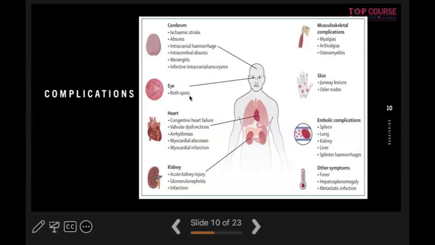In the eye, as we discussed, there could be Roth spots. In the kidney, there could be acute kidney injury, glomerulonephritis, and infarction. In the musculoskeletal system, there could be osteomyelitis and arthralgias. In the skin, there could be Janeway lesions and Osler nodes. And as per the embolic complication, it can go into the spleen, lung, kidney, liver, and cause various complications. And patient can also have a metastatic infection because of the embolic complications.